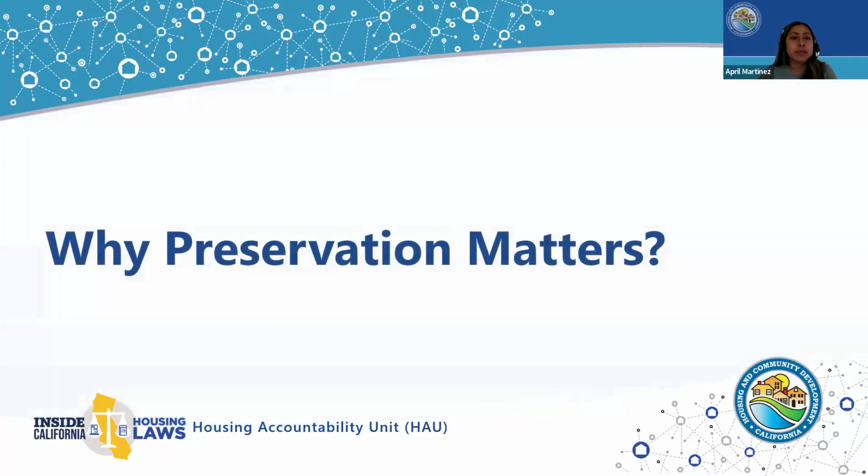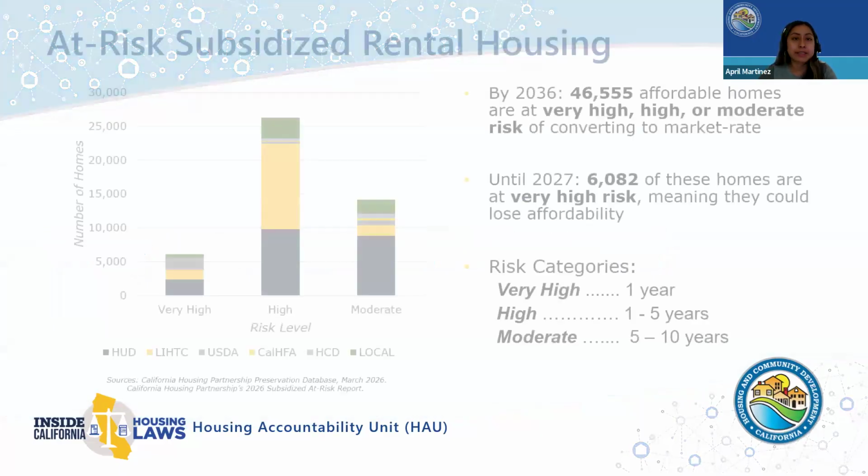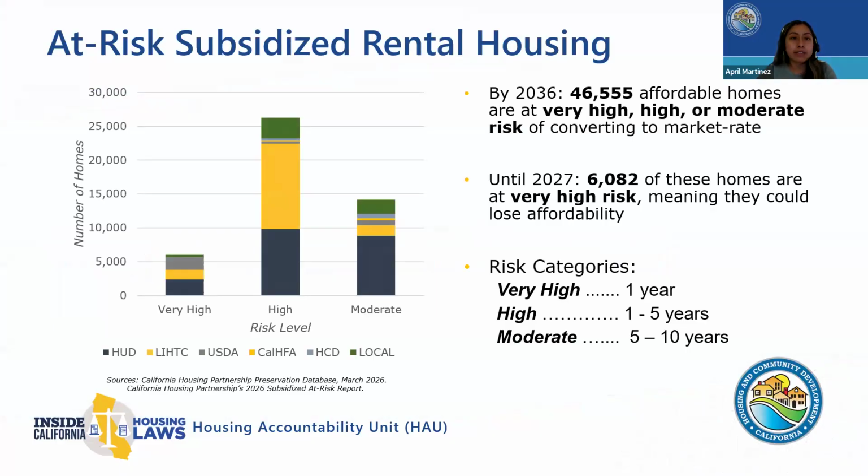So let's begin this presentation with why preservation of at-risk subsidized housing matters. Next slide. California has been creating subsidized affordable rental homes over many decades. These affordable homes are subsidized through a mix of funding from federal, state, and local city and county support.